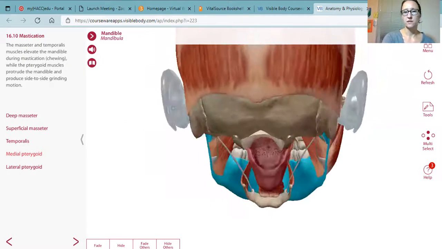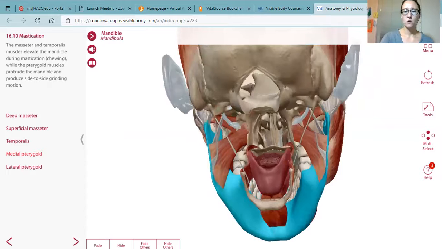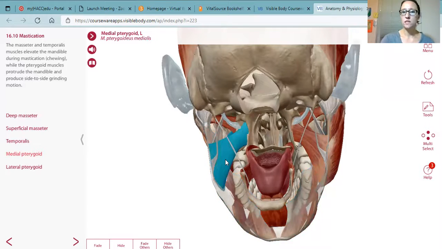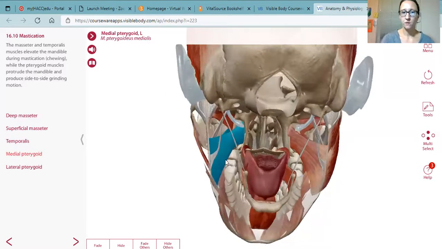Okay. So what we're looking at here, we'll just fade it for a second. What we're looking at right here is the medial pterygoid. So right here and right here, those are the medial pterygoids.